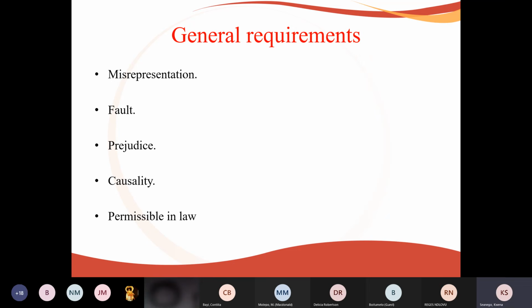So the same approach that we use for Estoppel, please use it for enrichment as well. So with enrichment, you must know the requirements for those remedies. Remember the last session we talked about the remedies. So you must know the requirements for those remedies. In some instances, some remedies do not have specific requirements, but they have scope of application.